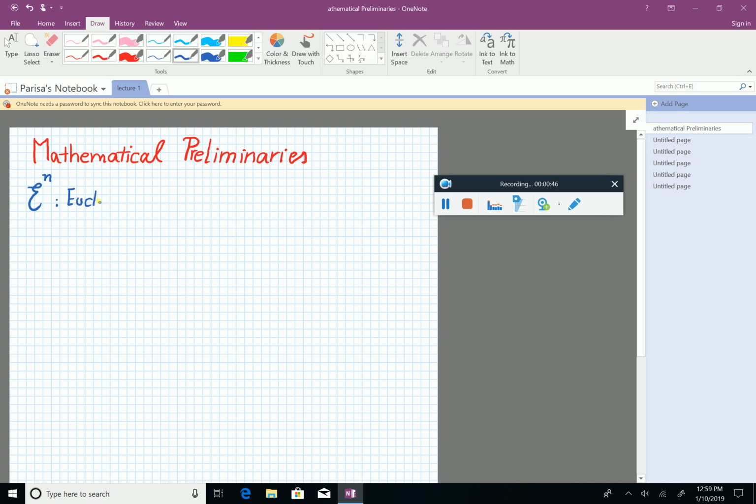Euclidean point space. We use letter E, the uppercase of script alphabet, to show that, and N is the dimension of the space.